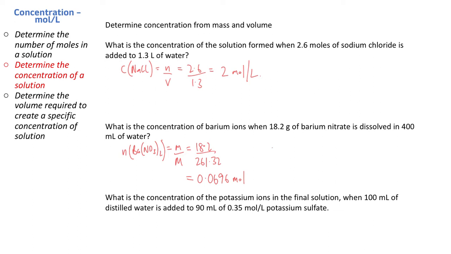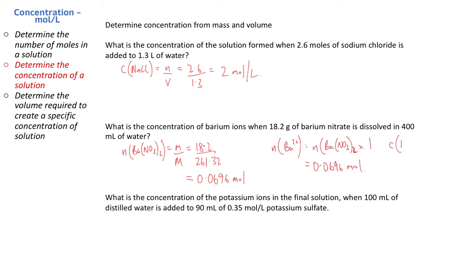So the number of moles of barium ions in the number of moles of barium nitrate will be times it by 1. There's 1 barium per barium nitrate, so that'll be 0.0696 mole. Okay, and then I can work out the concentration.